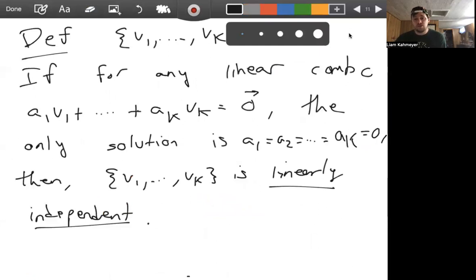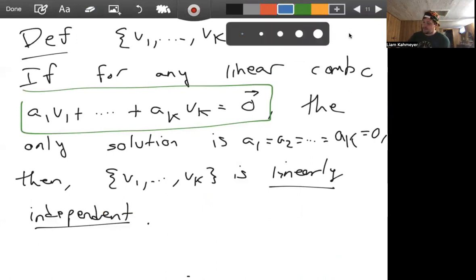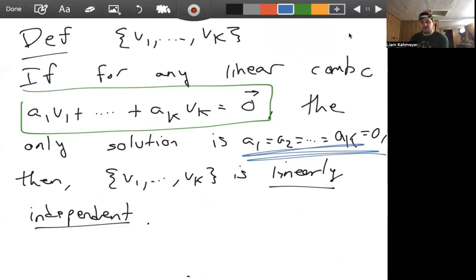This is a system of equations, because you get one equation for each component of the vectors, so this would be a system of equations in k variables. If the only solution is the trivial solution, meaning all of the coefficients have to be 0, then your set of vectors is linearly independent.